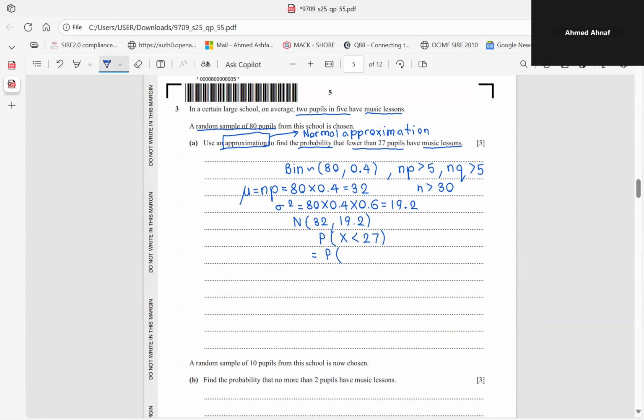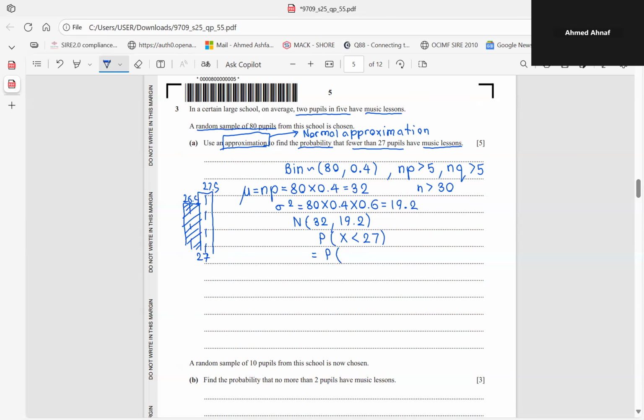We have to note that since we are using a continuous distribution to approximate a discrete distribution, we should do the continuity correction. For less than 27, 27 is not included, so we cannot have 27.5.